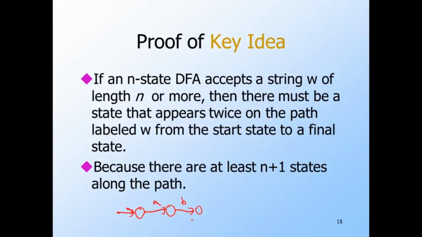That's why there will be n plus 1 states for a string of length n. Now, if there are only n different states, and there are n plus 1 states along the path, then 2 states along the path must be the same. That's called the pigeonhole principle, you might remember.